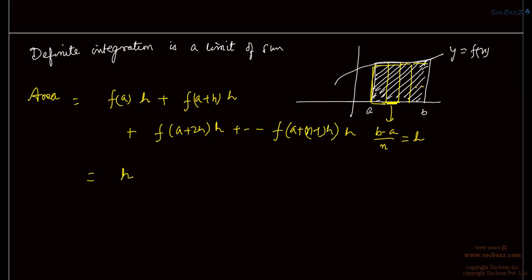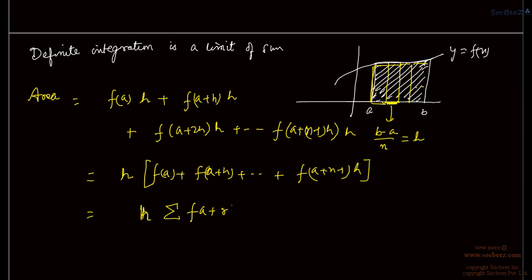So we have h into [f(a) plus f(a plus h) plus ... plus f(a plus (n minus 1)h)] as the sum of the areas of all rectangles. This can be written in a more compact way as h times the summation of f(a plus rh), where r goes from 0 to n minus 1. This will give the sum of the areas of all rectangles.